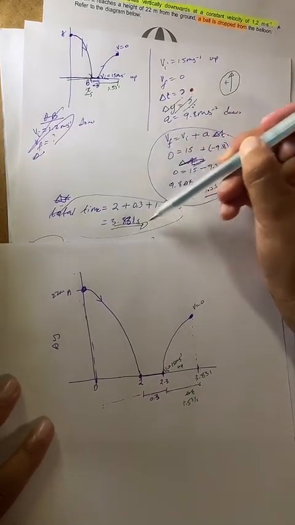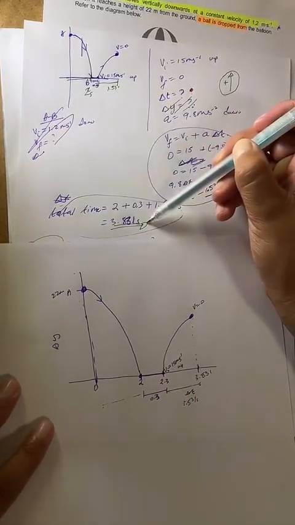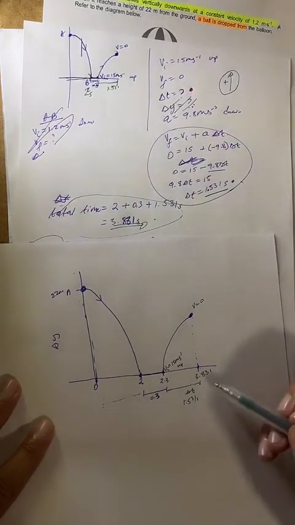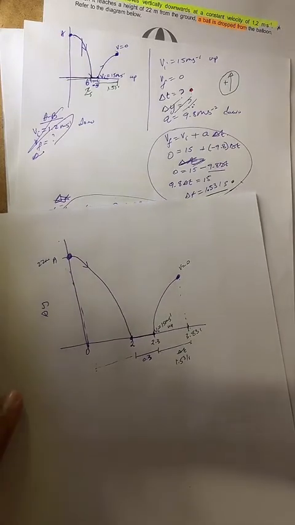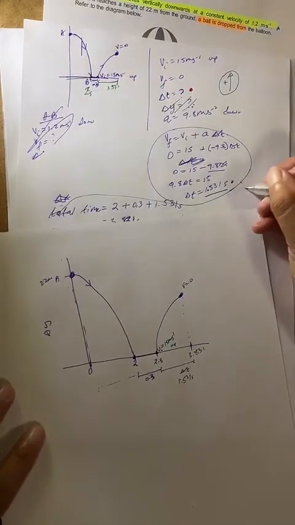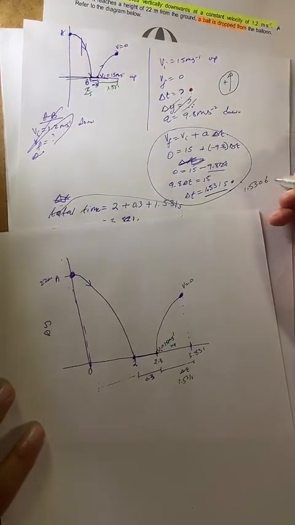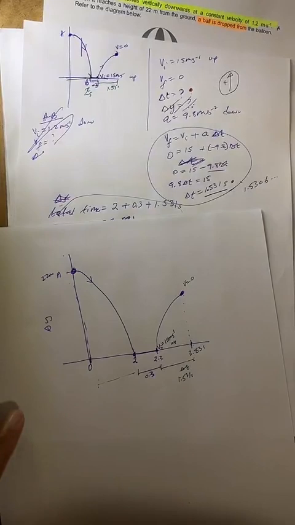I added all the values to get 3.831. Yes, I rounded off the answer. It was 1.5306 and other numbers, so I rounded off the number, that's why I have 1.531.